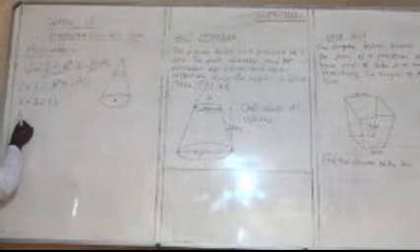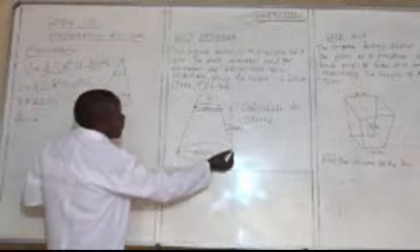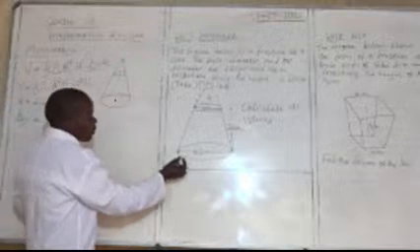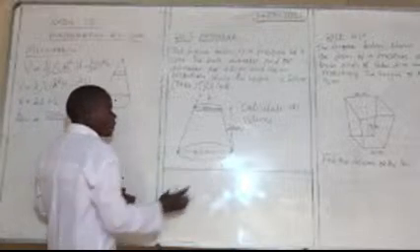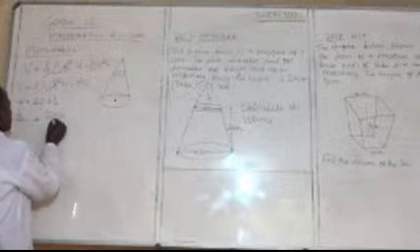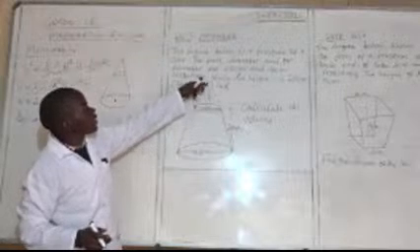So we shall have 7 equals the height of the bigger cone, which is 20 plus h, over the radius of the bigger cone. We have been given diameter 42. What is the radius? The radius is half of 42, which is 21. So what we are going to calculate here is the smaller height, from here to here.